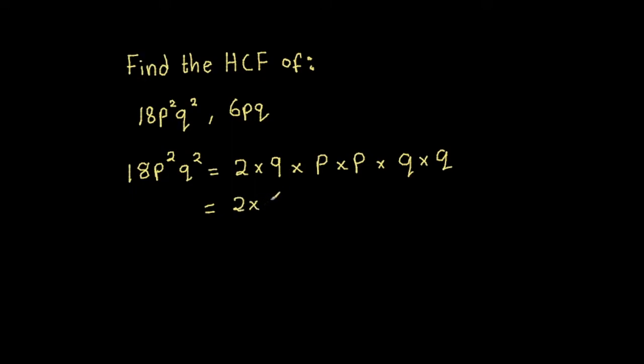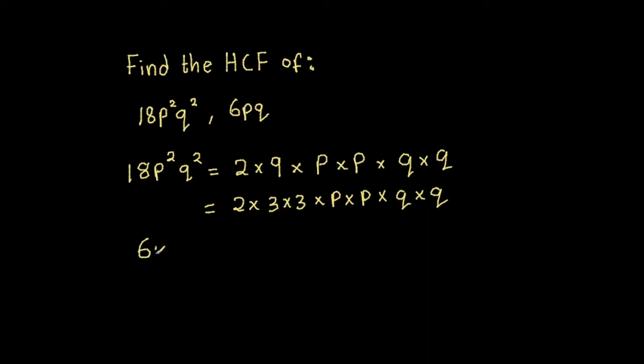So 2 times, I'm going to replace 9 with 3 times 3, and then I'm going to keep the rest as it is. Okay, that's all we could have done to break this down. So 2 and 3 are prime numbers, and again, we don't know what p and q are, so that's as much as we can do.